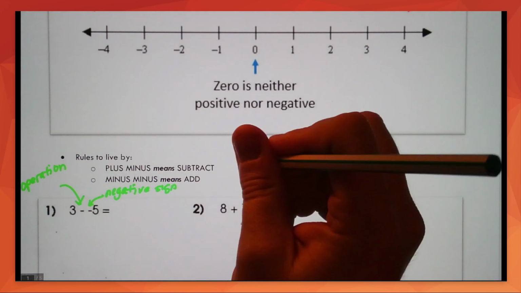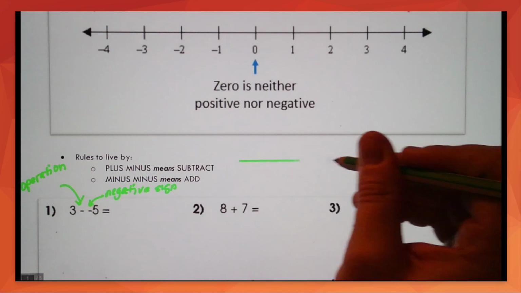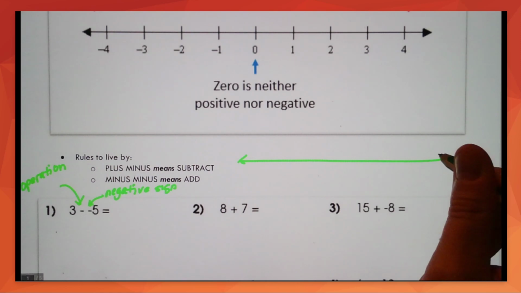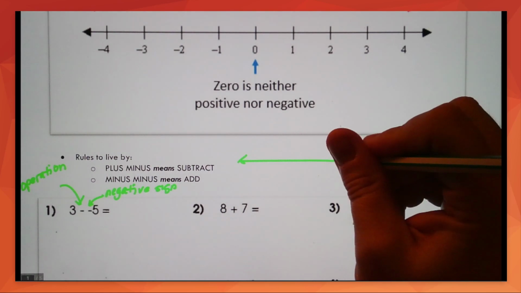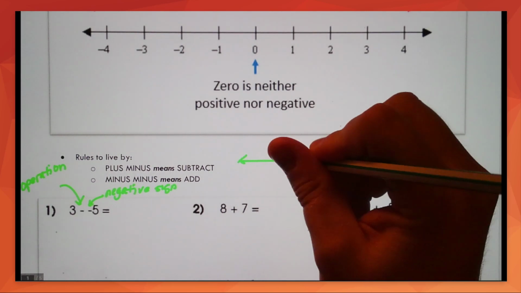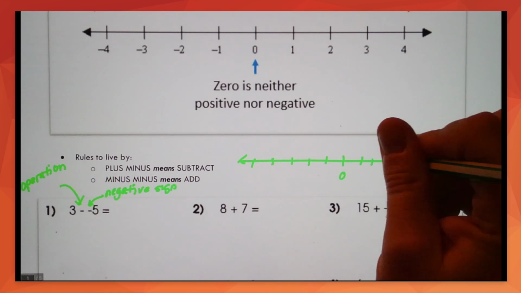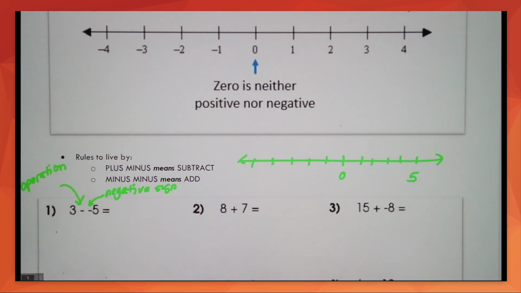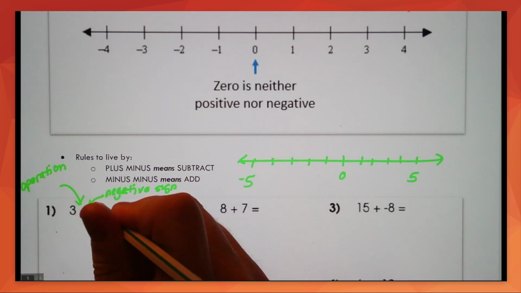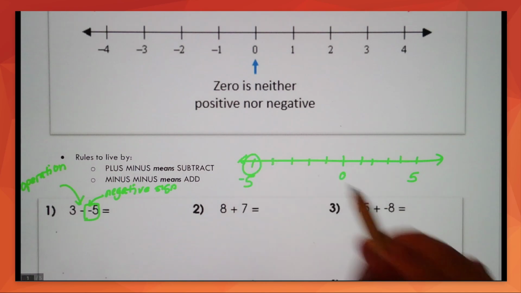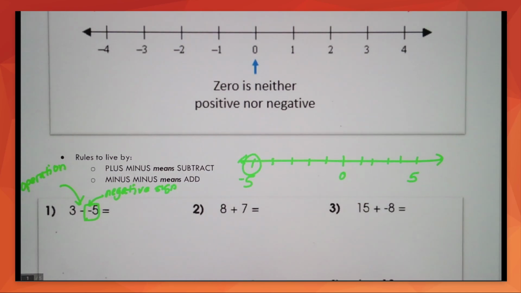And so like if I was looking at a number line, right, like here's a number line, I'm probably going to erase this so you don't really need to draw this. But if this is 0, right, and we go 1, 2, 3, 4, 5, and 1, 2, 3, 4, 5, we have a positive 5 this way and we have a negative 5 this way. So this number right here is this negative 5. It's at this position on the number line.